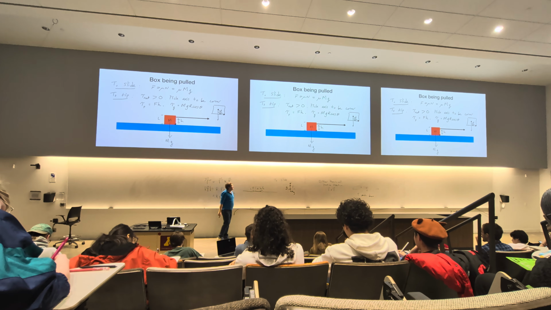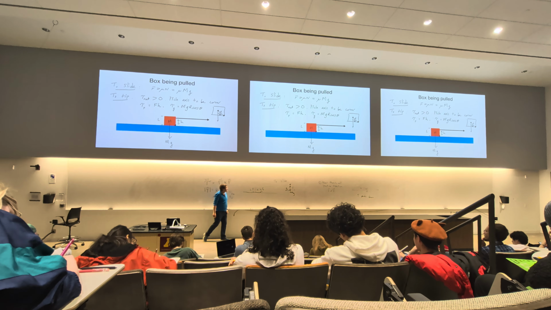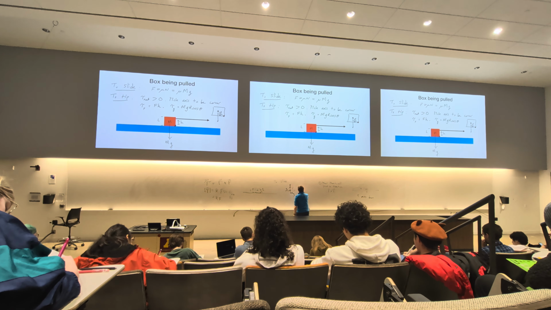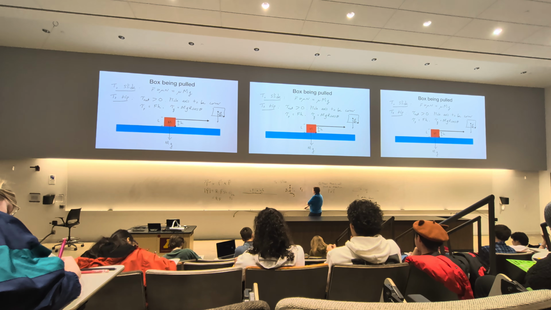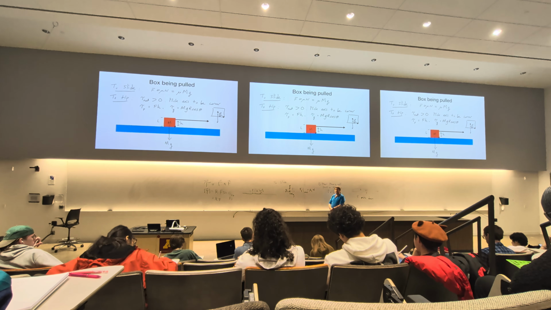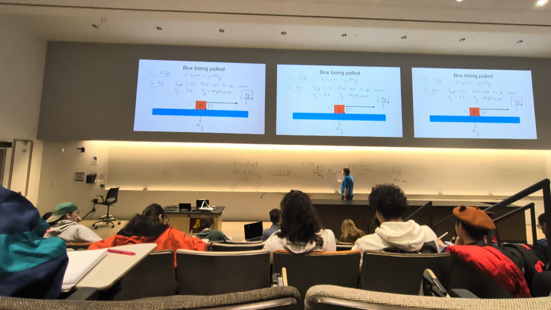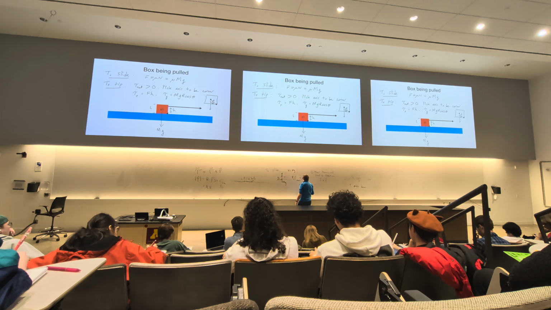The force you would be fighting to get the box moving at all is static friction. The biggest that it can possibly be is the coefficient of static friction times the normal force. In this case, demanding that the box doesn't fall through the floor or go to space, you discover that N is equal to mg, so this is mu s mg.